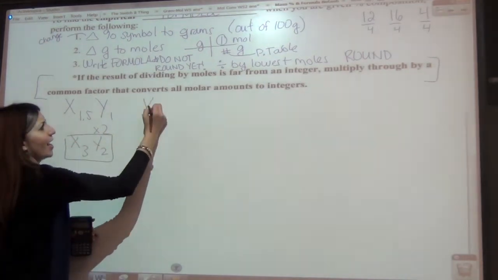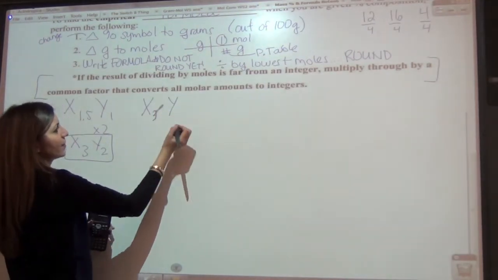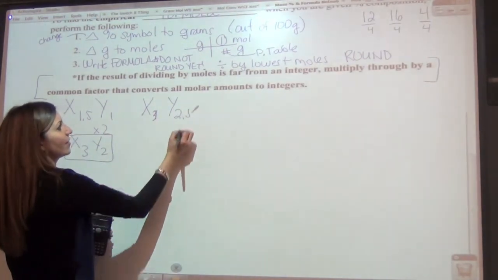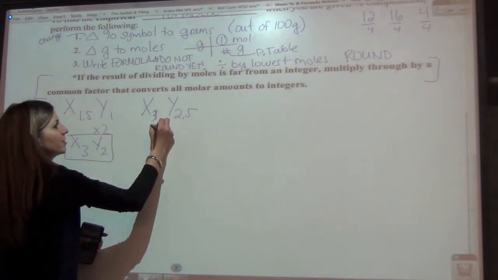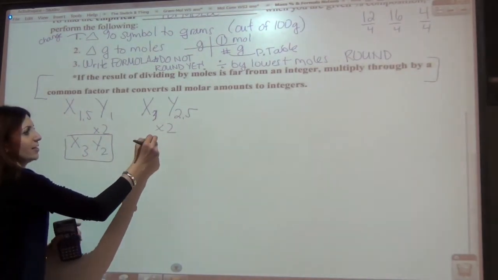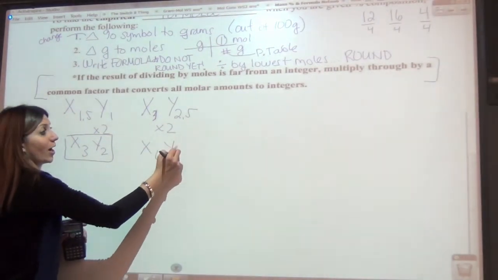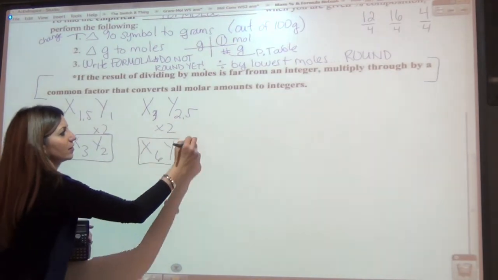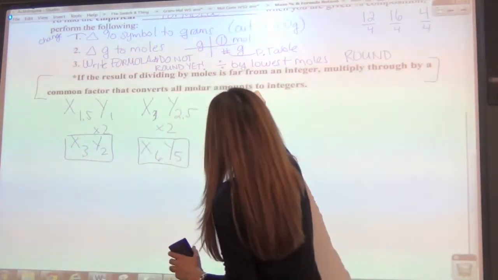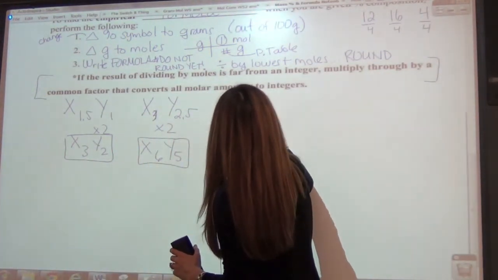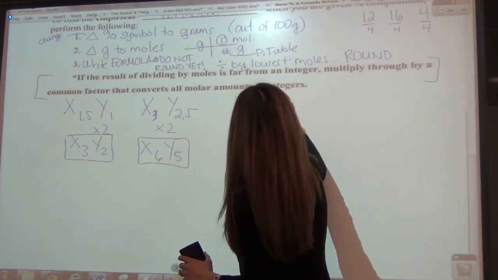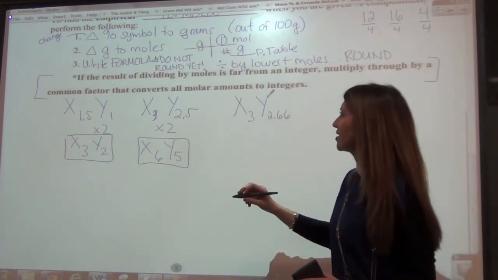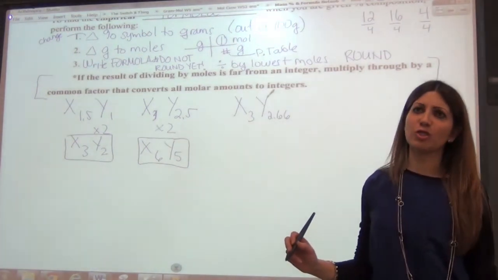If you had x 3 and let's make it y 2.5, what would you multiply those by? 2 again. If you multiply this by 2, what do you get? X 6, y 5. Okay? You might also get x 3, y 2.66. If you get a 2.66, multiplying it by 2 is not going to help you.